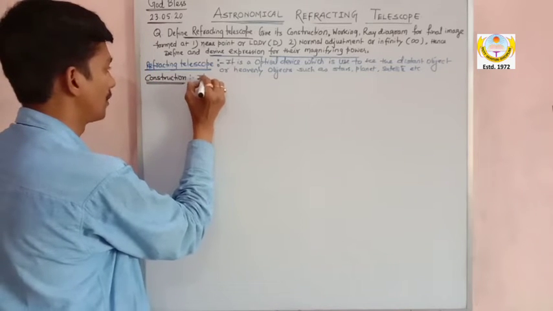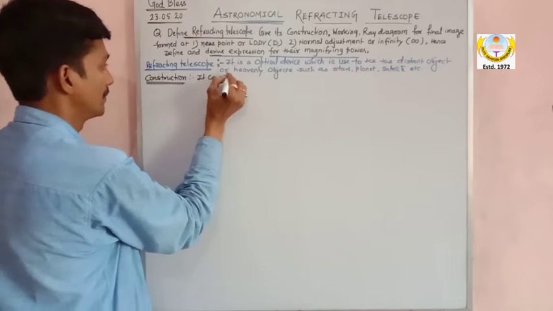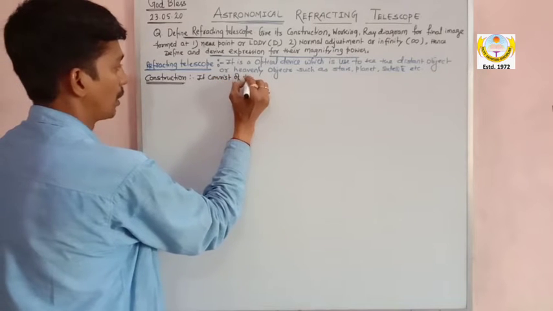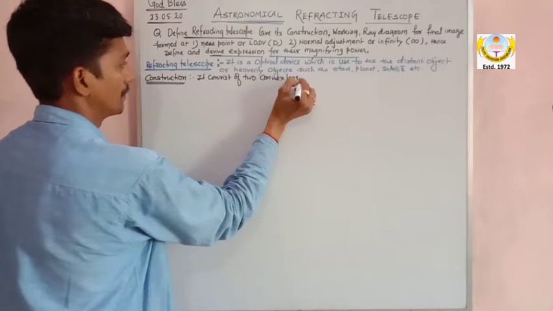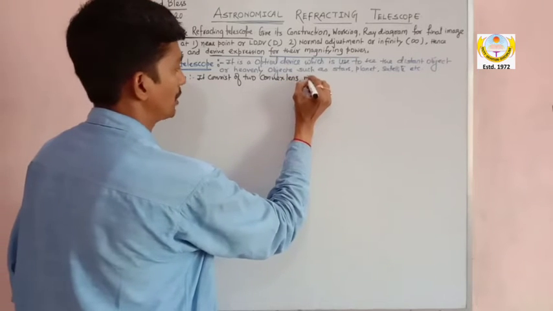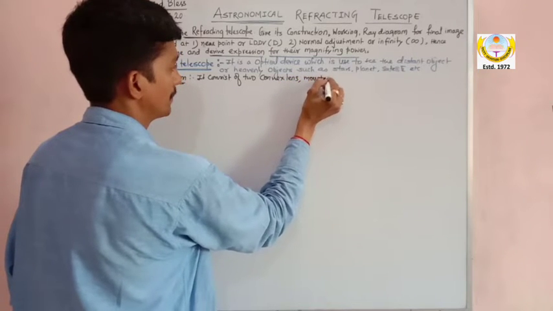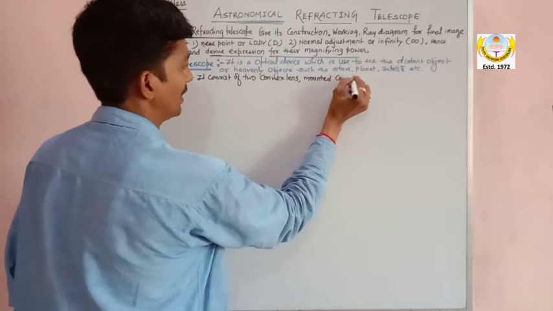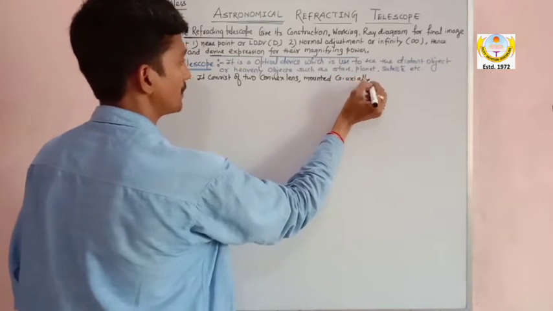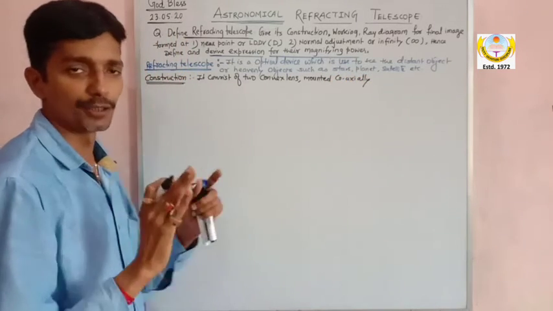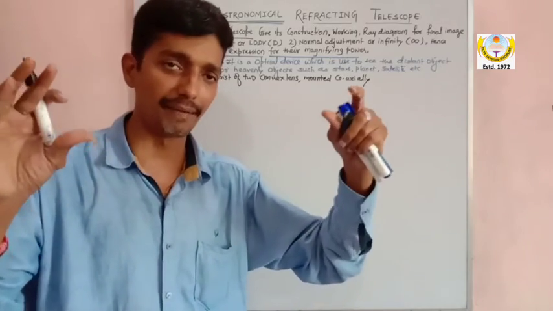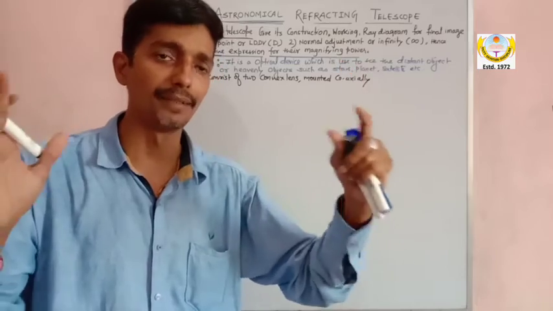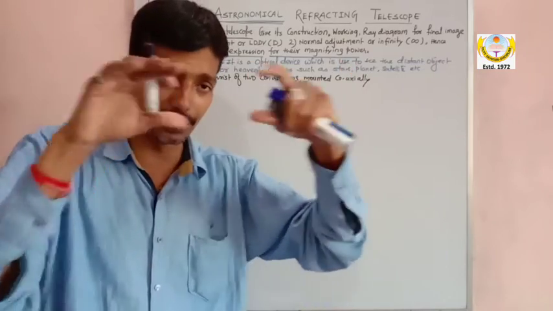It consists of two convex lenses mounted coaxially. They consist of two convex lenses and we have put them on one tube, my dear.